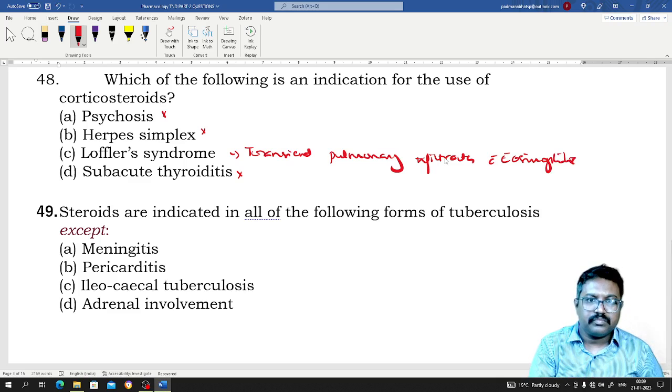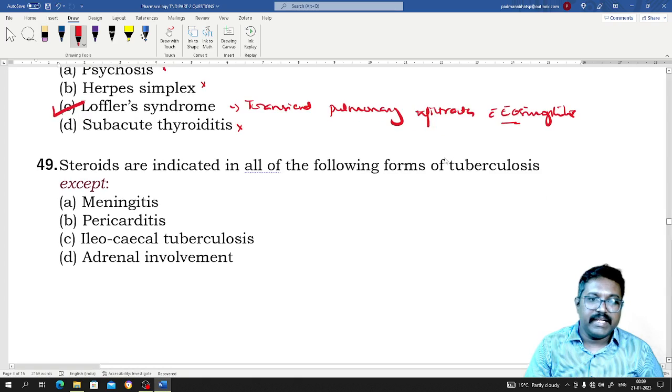So the corticosteroids are preferred in case of Loeffler syndrome, but not in case of the other conditions. Is that clear? Because of the eosinophilia, these drugs can decrease the pulmonary infiltration with eosinophilia.